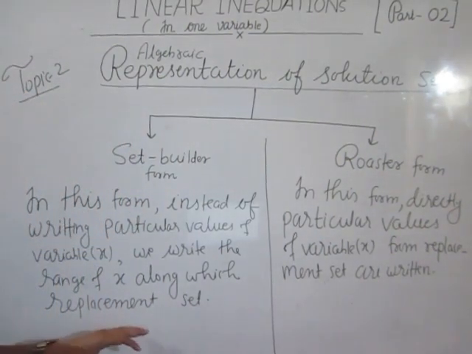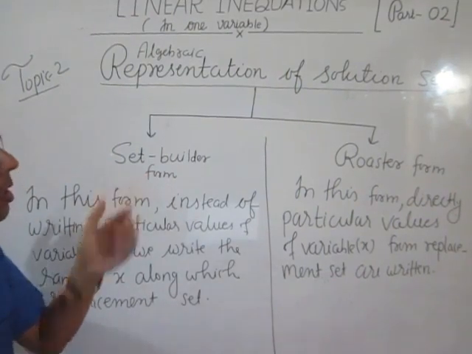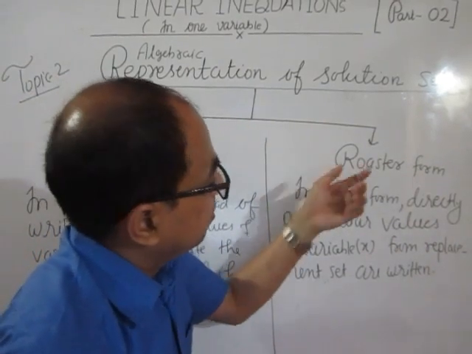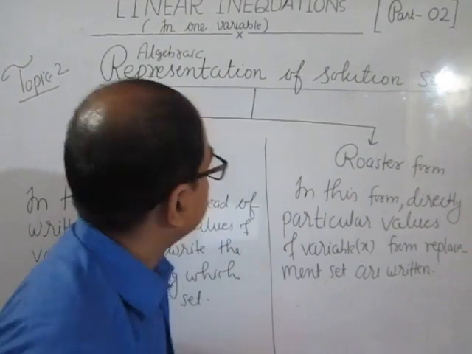So in this case, we write the range of the variable along with the replacement set, and in this form, directly the particular values of the variable can be written.